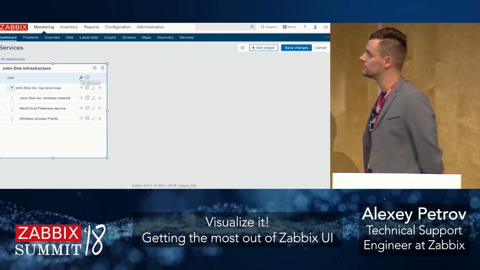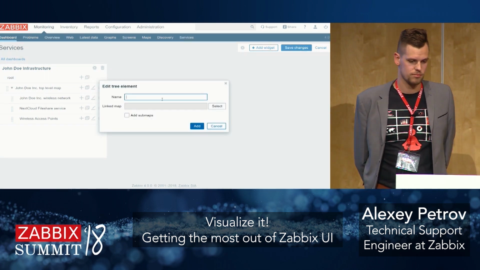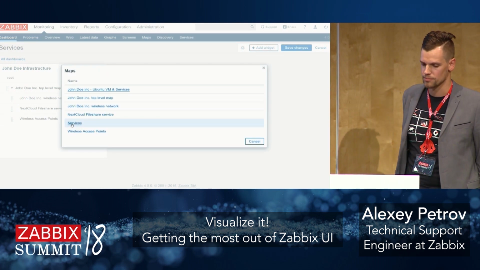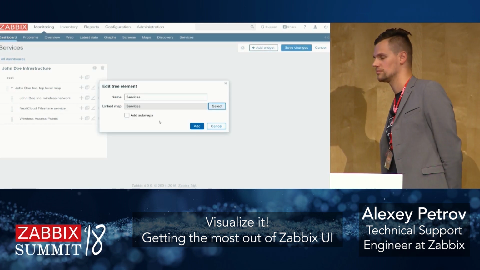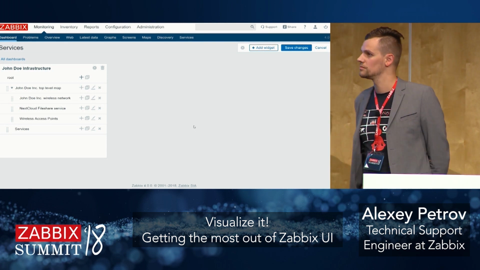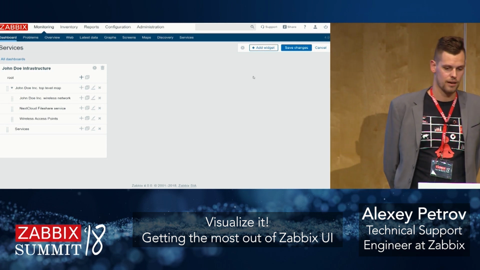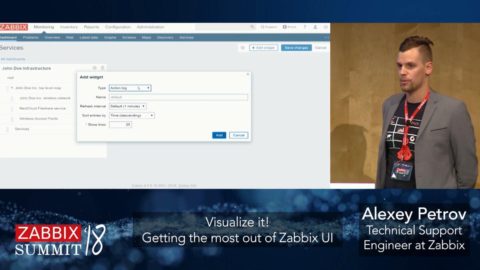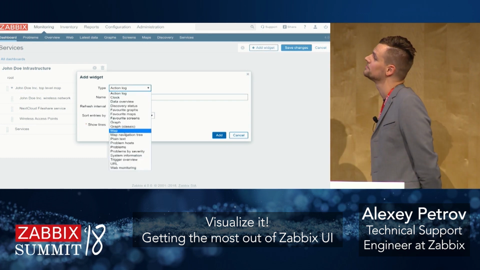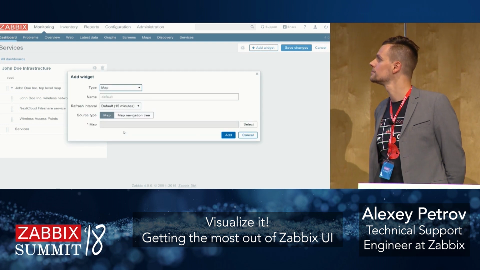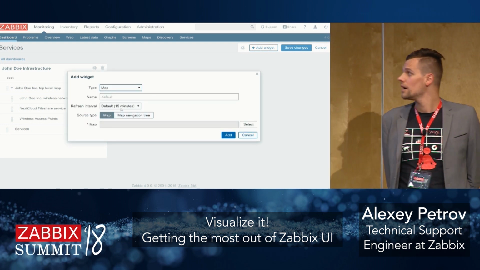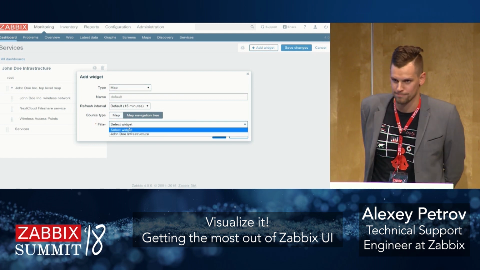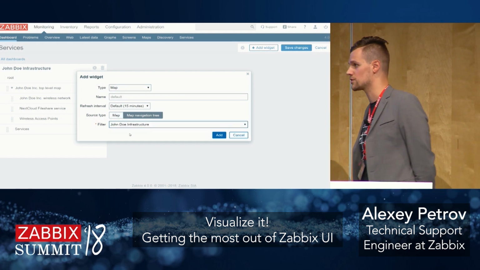The next is I will add my recently created map called Services. Add the widget which is called map, and select the source of information, the map navigation tree, John Doe infrastructure.